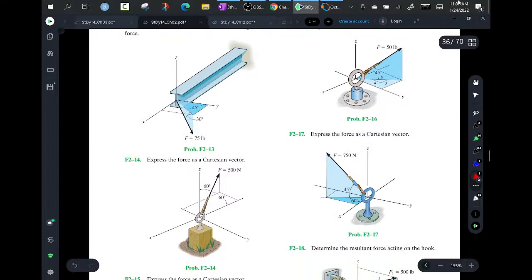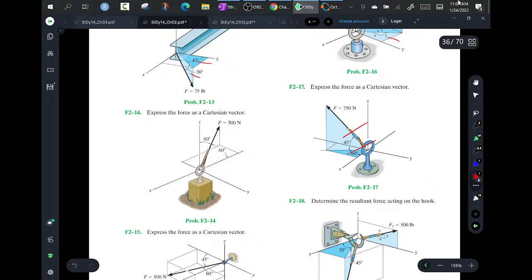But here, let's look at the setup. When you see this, you see two different color shadows, two different color triangles. You're looking at the two angles. It's basically the angle between that vector and the coordinate line. So let's go through each one of these.